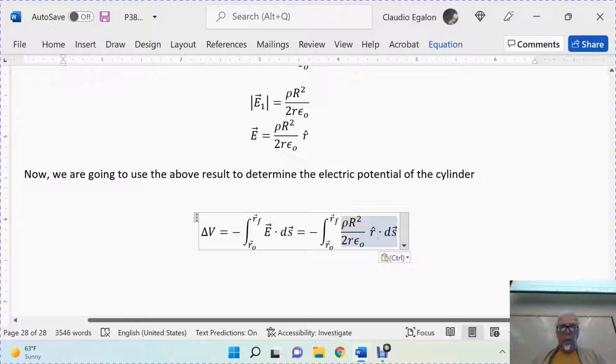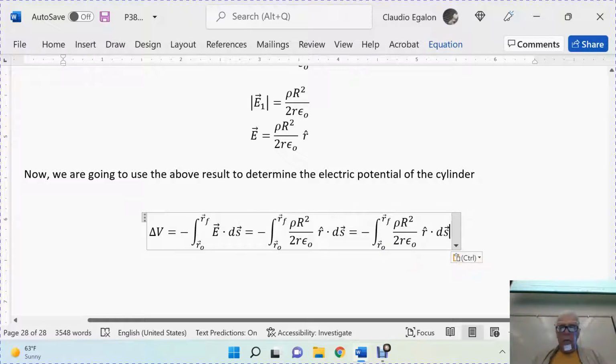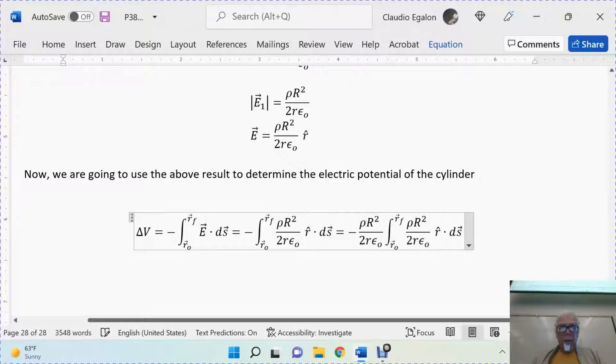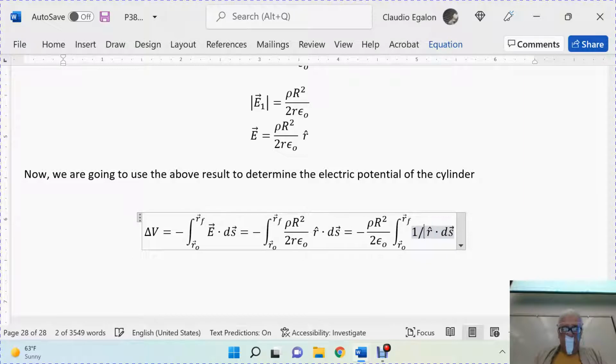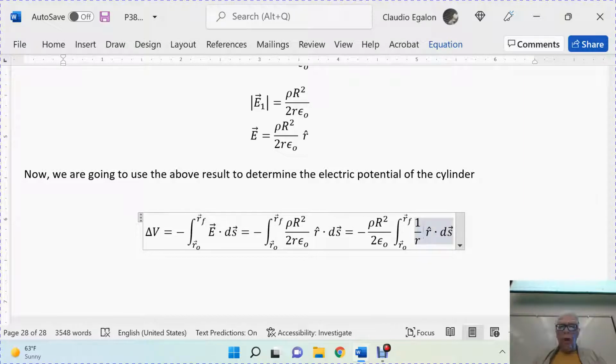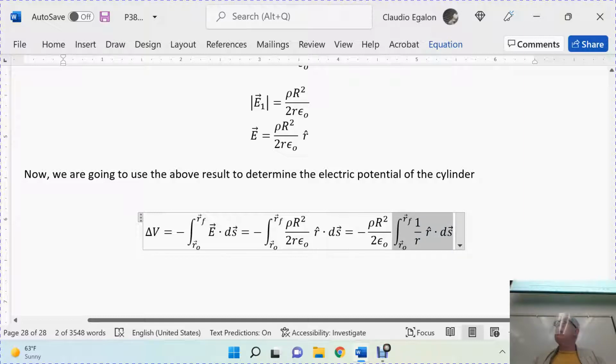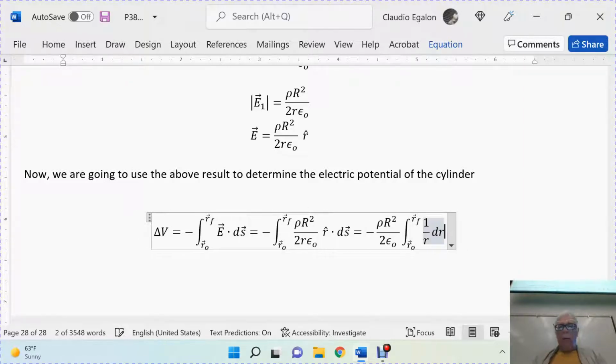We are talking about uniform charge distributions, and so we can take out everything that's constant from inside the integral and put it outside. And the only thing that's left is 1 over r. And then when we do the r dot ds, don't forget this r here is the polar coordinate. So when we do the r dot ds, it becomes dr.